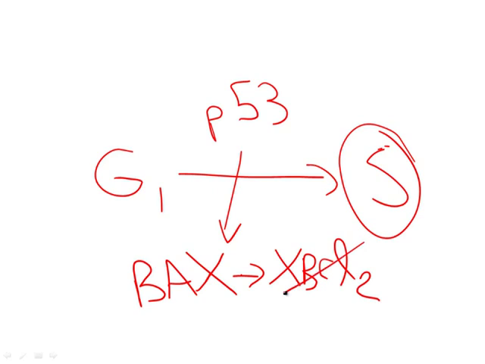So if you knock out BCL2, cytochrome C will actually leak out of the mitochondria, and when cytochrome C leaks out of the mitochondria, it will activate the caspases, which will then create apoptosis of the cell. And so P53 has the ability to induce apoptosis when there's severe DNA mutation in a cell. And again, the idea is you want that cell to undergo apoptosis because it's got so many DNA mutations that there's a risk that it could produce a cancer.